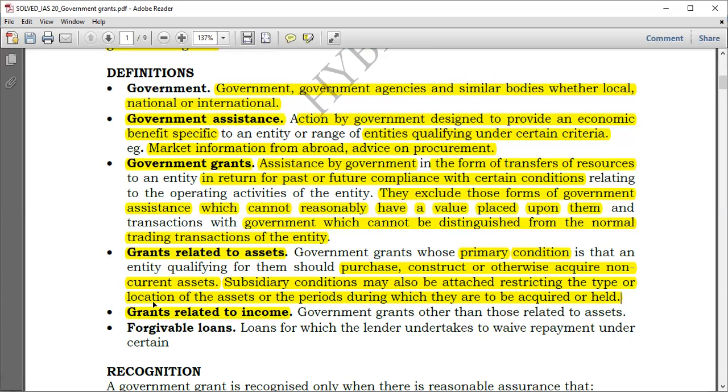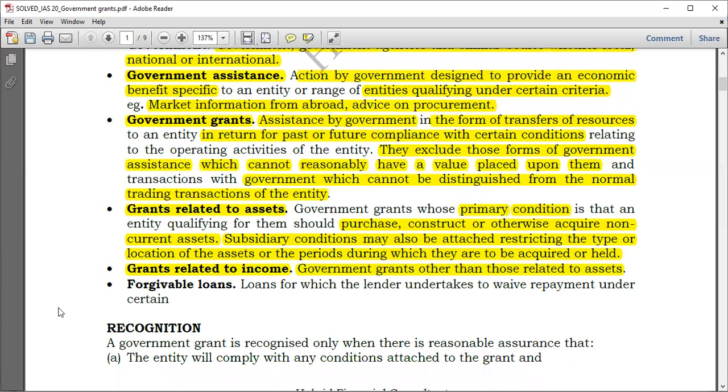All right, now let's go to government grants related to income. This is nothing much. All government grants other than those related to assets. So if there is no relationship with the non-current assets, we say that this is a government grant related to income. Okay, let's go to the last definition, forgivable loans.